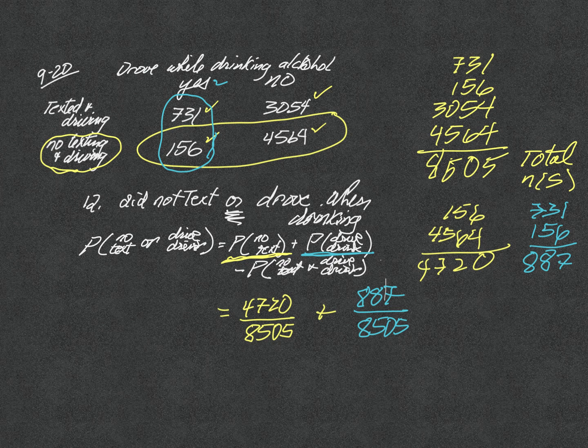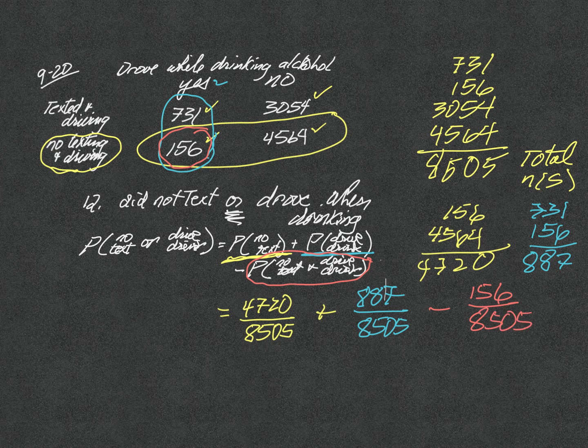And so finally, we need to subtract the number who are not texters and do drive while drinking. And so that is just this group. You'll notice how it's the overlap between the other two. But then that probability we subtract is 156 over 8,505.